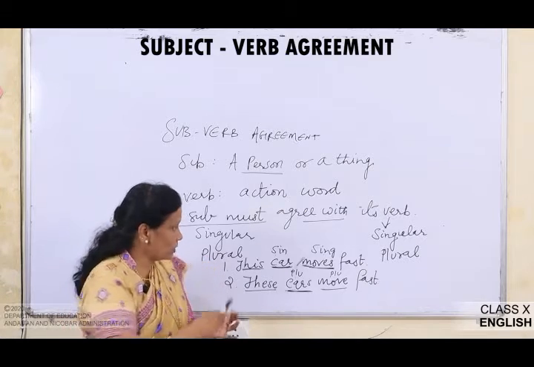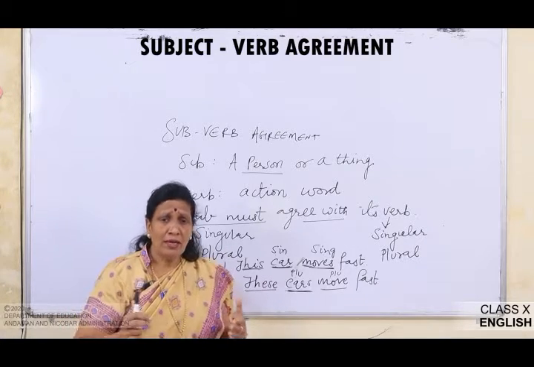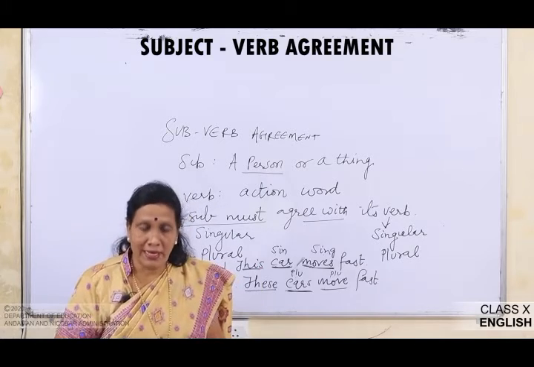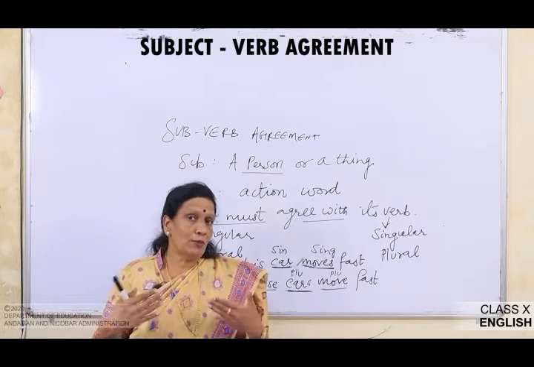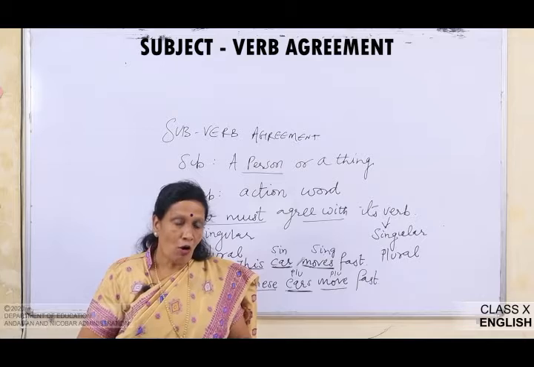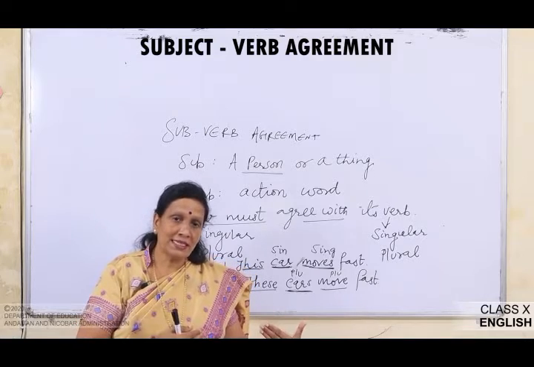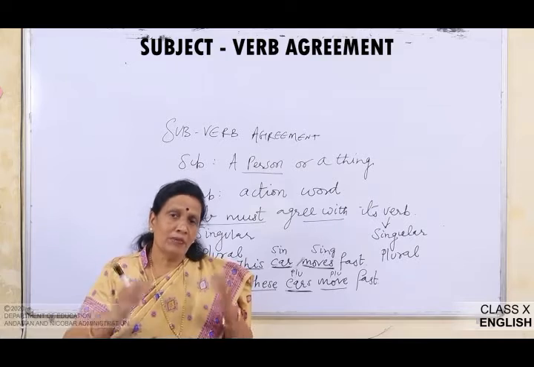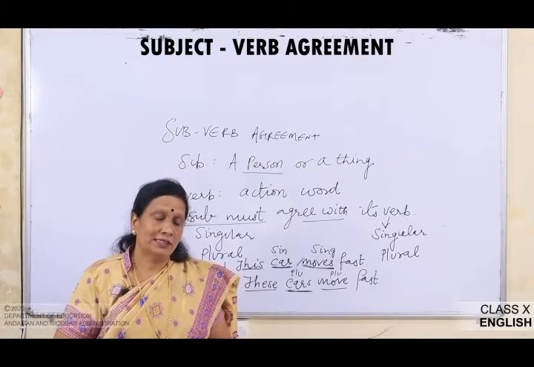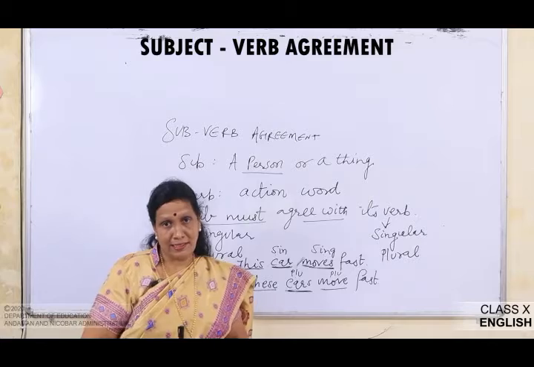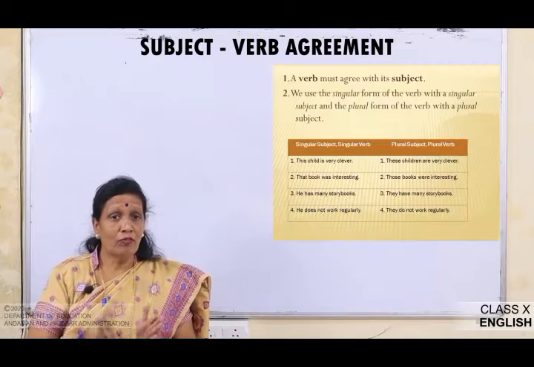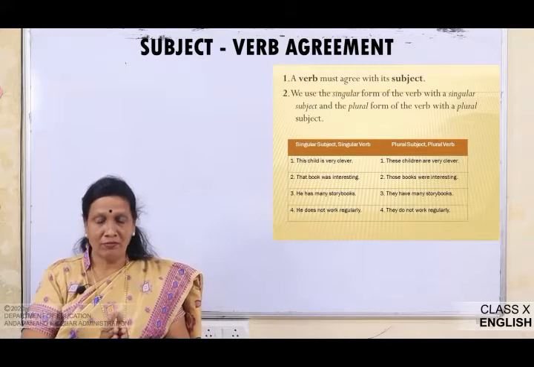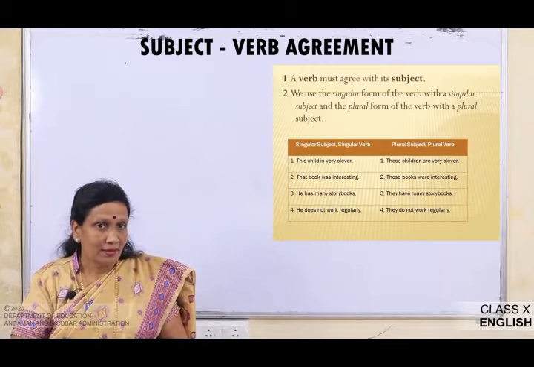I hope this is clear to you children. Now let us try to look at some more examples and try to learn the rules of how the subjects and the verbs agree with each other in different types of situations and sentences. Now children, a verb must agree with its subject.